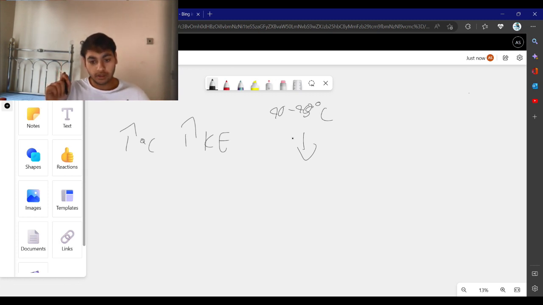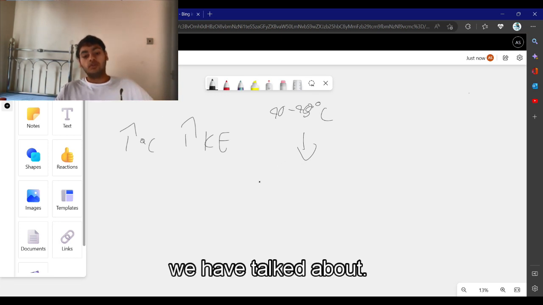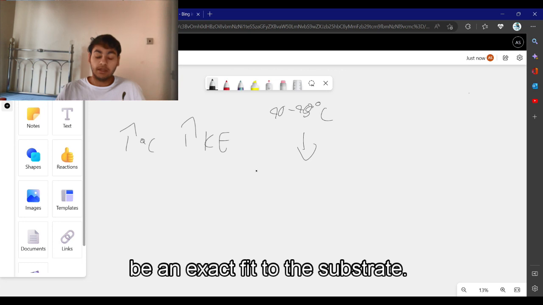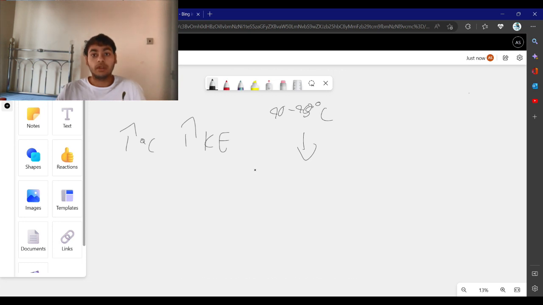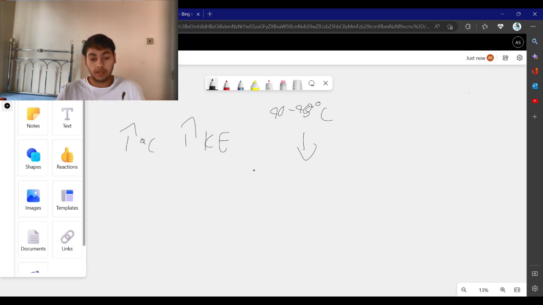Denaturing is essentially the shape changing, and with the lock and key mechanism we have talked about, if the enzyme's active site changes, then it will no longer be an exact fit to the substrate. This means you won't be able to react anything, and then everything will go to heck, as you could say.